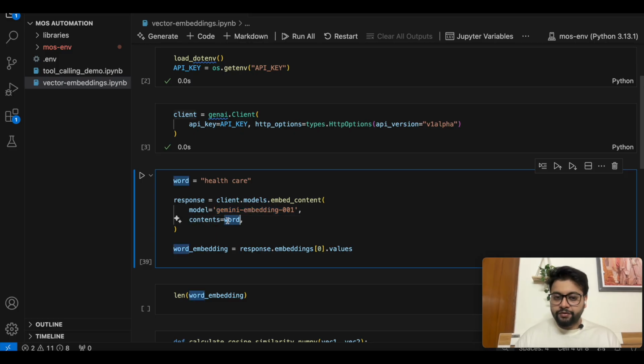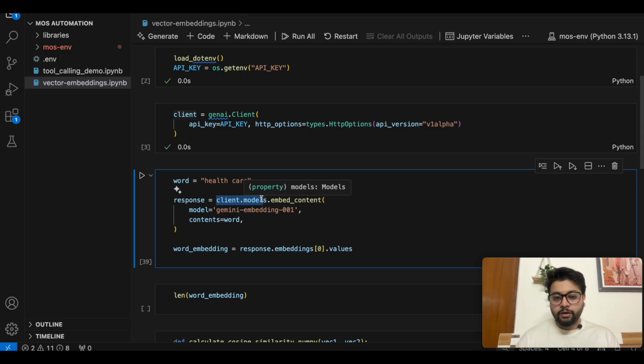In the contents, we are providing the word. The interesting thing to note here is that the contents can take a single word or a bunch of words. If you give an array of words, phrases, or sentences, it will give you an array of vector embeddings. So if you want to calculate embeddings for maybe 5 to 10 phrases, sentences, or words, or more, you don't need to initiate the client model multiple times and get the vector embeddings one by one.